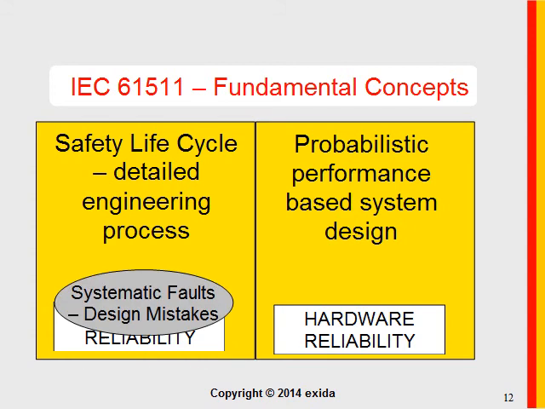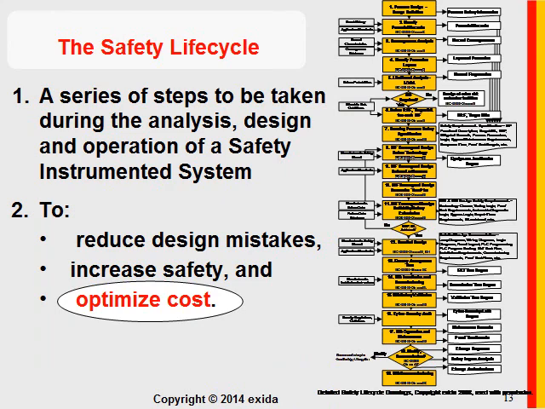When we look at the safety life cycle, it is a series of steps to be taken during the analysis, design, and operation of a safety instrumented function, with the objective to reduce design mistakes, increase safety, and in the end, optimize cost. You could say, well, I can skip the analysis phase completely by simply saying that I'm going to implement SIL3 safety functions. I'm not going to do any SIL selection.